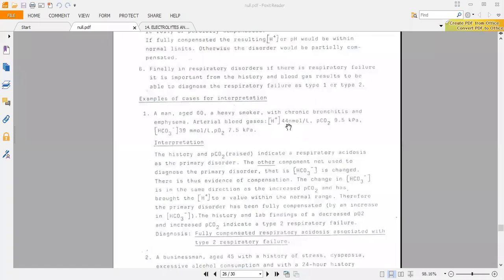What we can say is that there has been some kind of compensation. Now, the partial pressure of carbon dioxide is increased, telling me that this is actually a respiratory acidosis. So let's look at the steps.